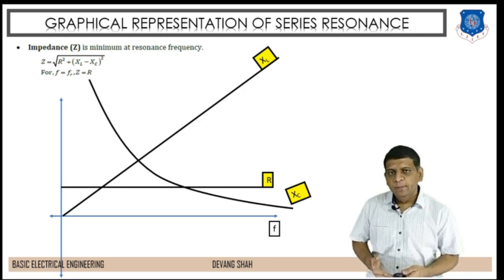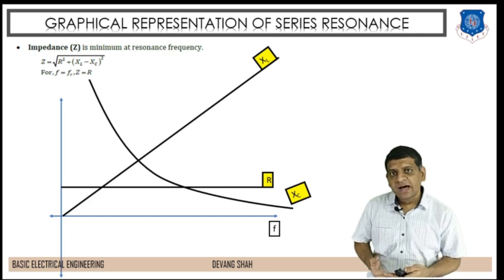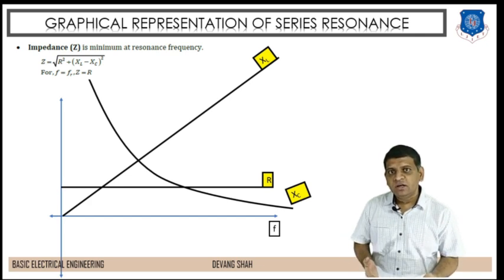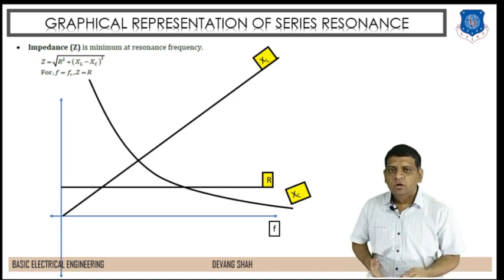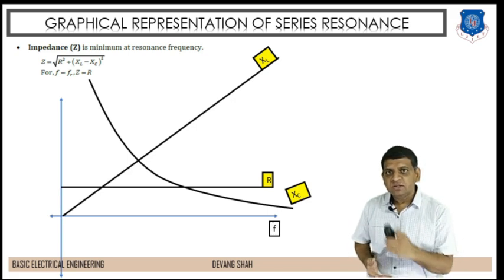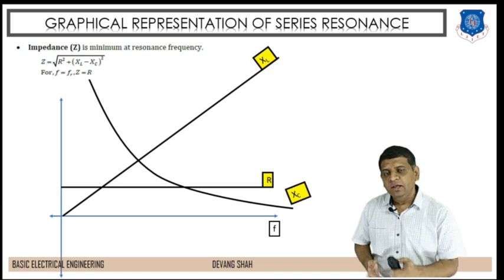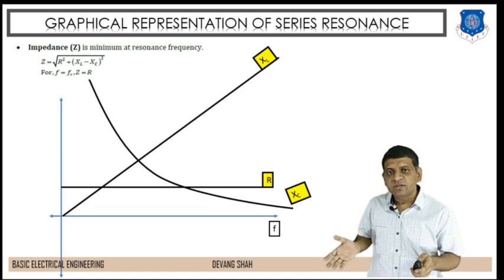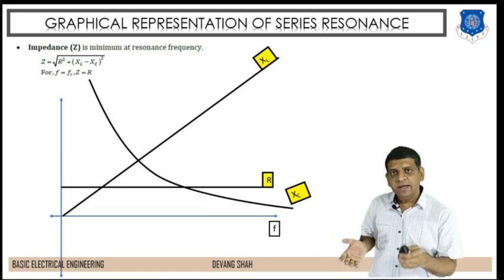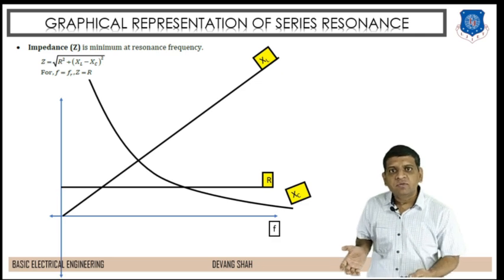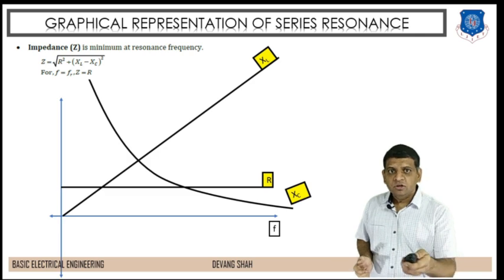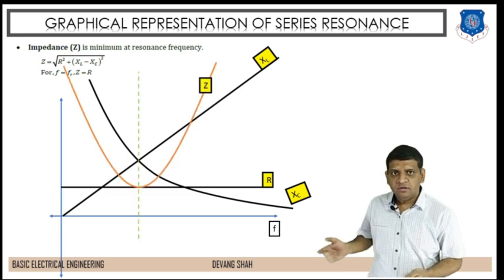Now see here, impedance Z is equal to under root R square plus XL minus Xc of whole square. Since this is a resonance condition, XL is equal to Xc, so your Z is equal to R, but this Z is equal to R at only the resonant frequency. So from this frequency axis, one point I can consider as my resonant frequency, where the value of Z is equal to R, so that will touch the value of R here.